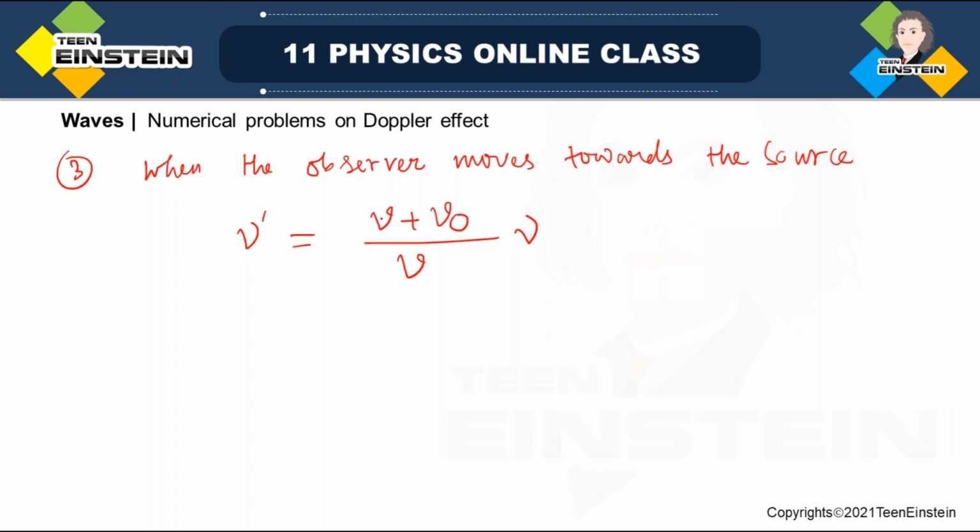So V is the velocity of sound, and VO is the velocity of the observer. Here I am writing velocity, thinking that this is a straight line motion.